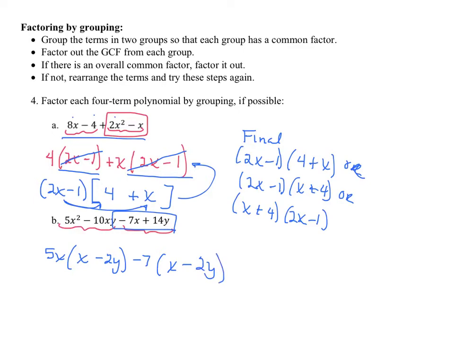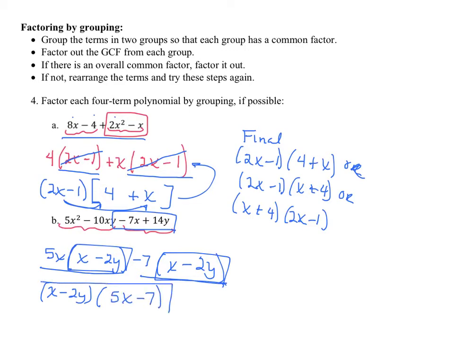And the dead giveaway, you guys, is if this factor's right here and this factor's right here, if all is right with the world, these two things should be the same. So if you screwed up a sign, you might have done something wrong. So now I'm going to pull out that common factor of x minus 2y. And I'm left with 5x minus 7. And there's my final answer.